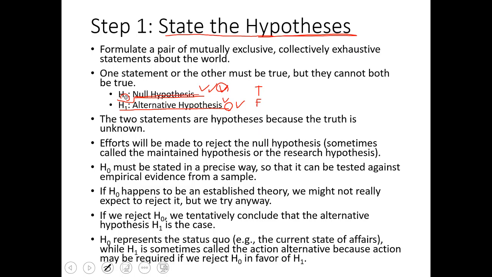True, then false; false, then true. So it is impossible that both of them are true or both of them are false. So when you define the null hypothesis, you should be able to define the alternative hypothesis which has this property.